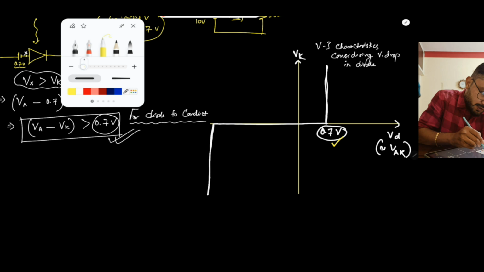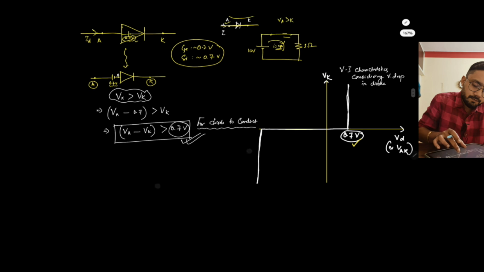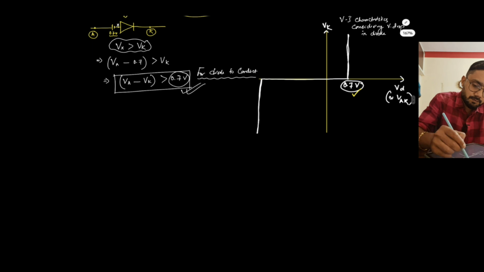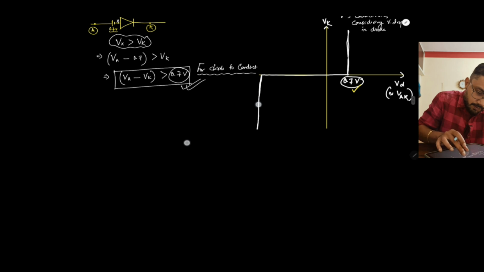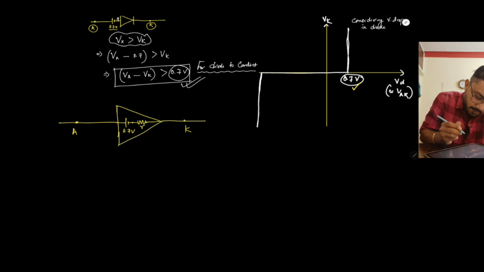So if we consider the resistance in a diode, how can we draw the circuit? Here, obviously, the 0.7 volt drop plus a small resistance. So now what will be the condition for the diode to conduct?